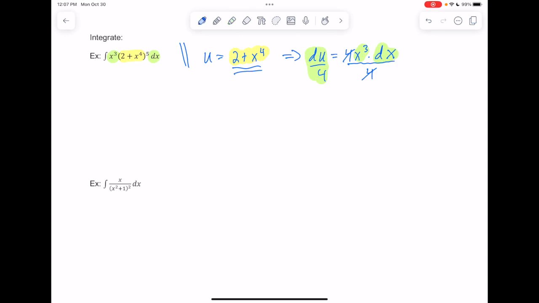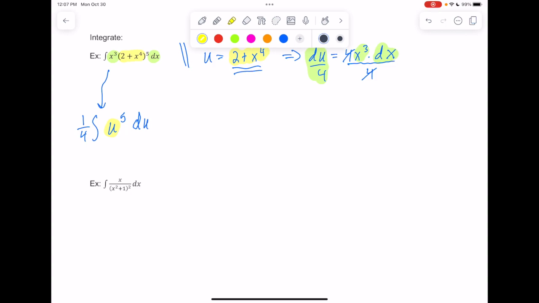So let's see what this looks like. This becomes the integral of u to the fifth, and then x cubed dx becomes du over 4. What we usually do with the over 4, if it's just a constant, is factor that out front as a 1/4. So let's see the two pieces. There's our u equals 2 plus x to the fourth.